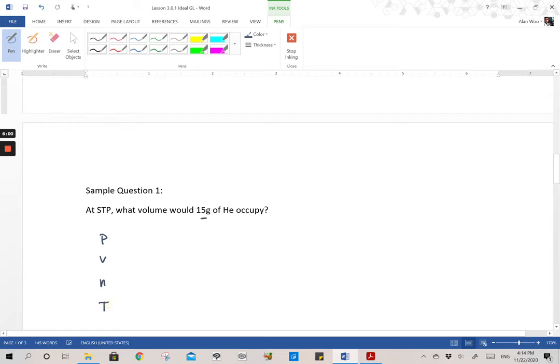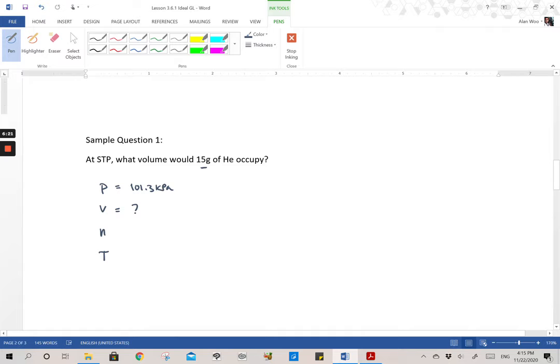So here are the four variables. Do we have pressure? Well, yes, it's at STP, so it's standard pressure, which is 101.3 kPa. Do we have volume? No. They want you to figure out what volume is.